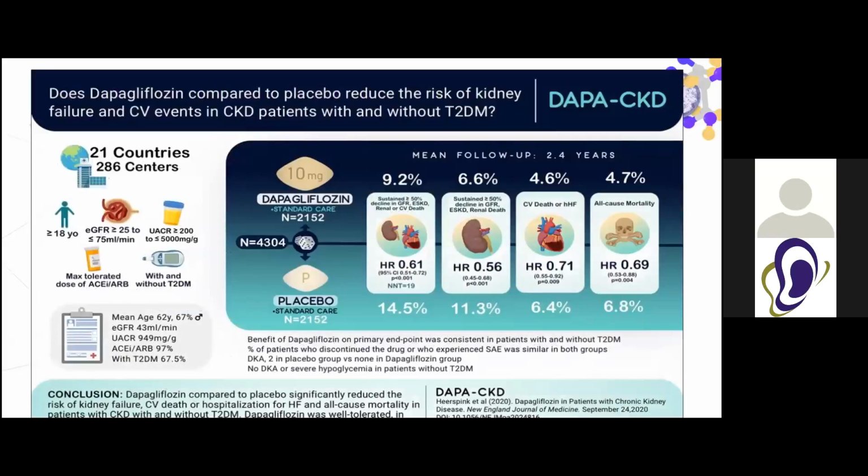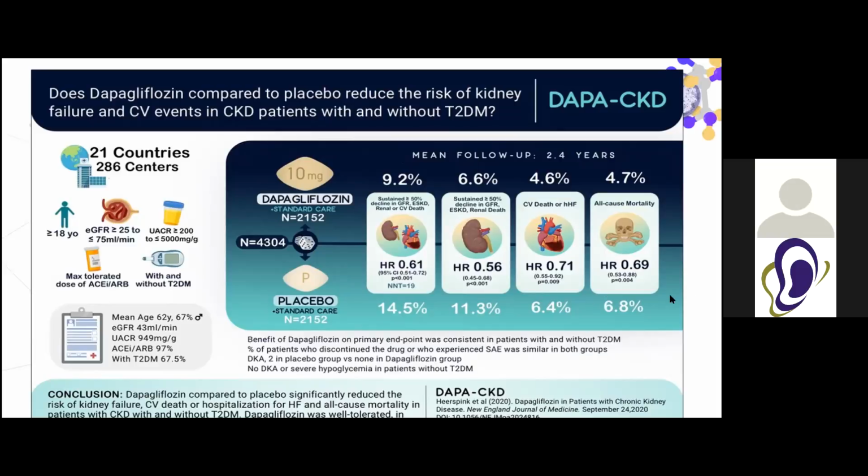So I want to go back to the DAPA study because importantly, this shows that even in those with and without diabetes, there is an impressive impact on all of the outcomes. And the number needed to treat to reduce progression of kidney disease, kidney failure, or kidney or cardiovascular death is 19, which I think needs to really be highlighted when we're thinking about treating populations of people.